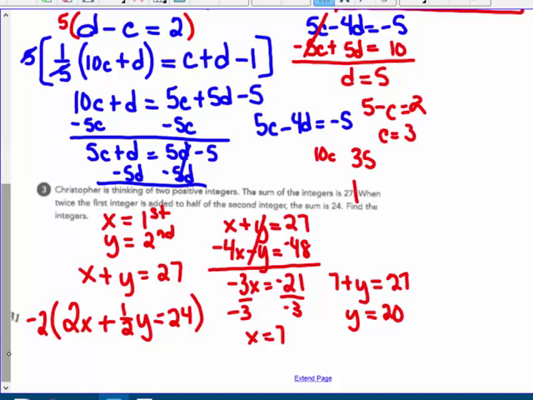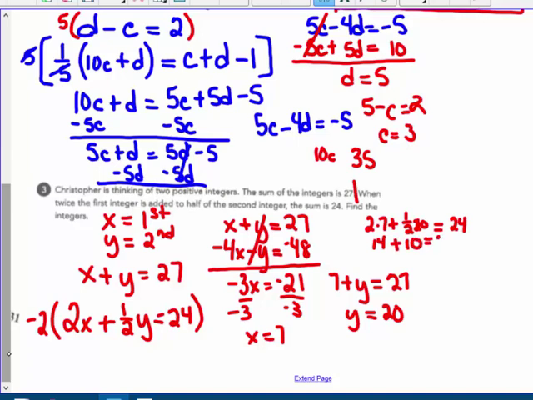Okay, so 2 times 7 is 14, plus half of y, half of 20, has to equal 24. Well, that's 14, and half of 20 is 10.